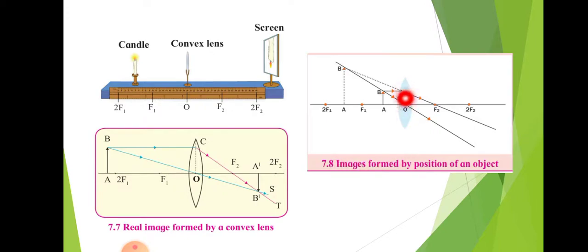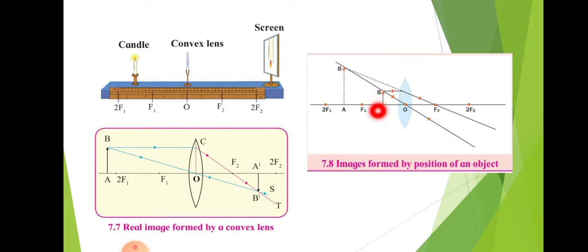Here this is a convex lens, and this is the object. One line passes through the principal focus, and the second line goes through the optical center. But here you will see the two lines never meet each other. So what do we have to do? We extend them in the backward direction, so that the two lines meet at one particular point. At that point we get an image of this object.